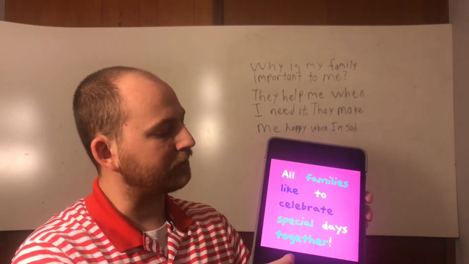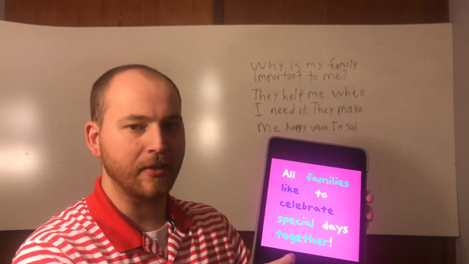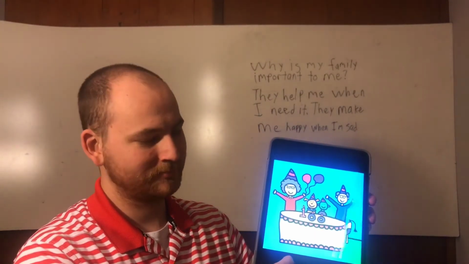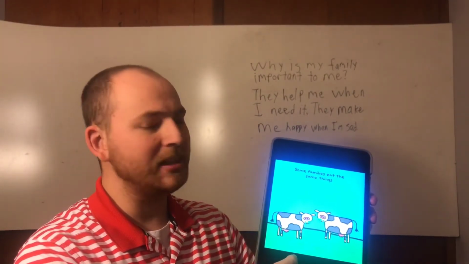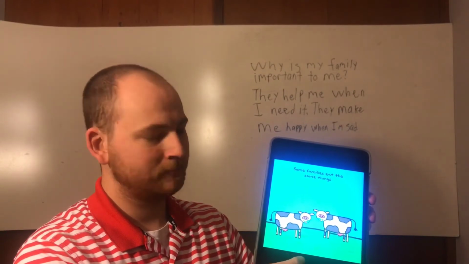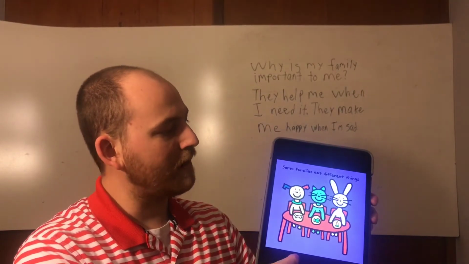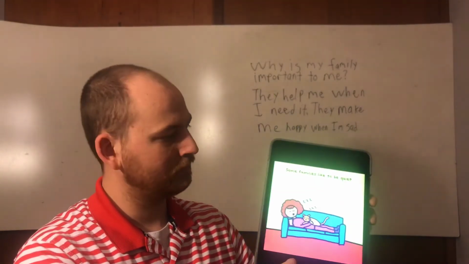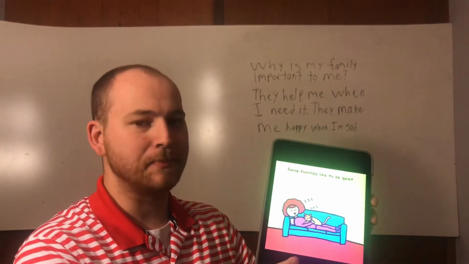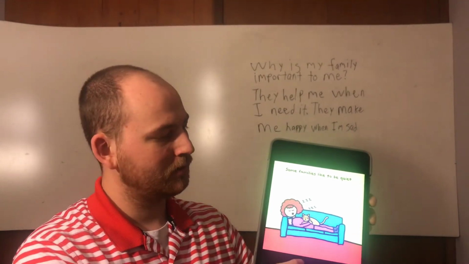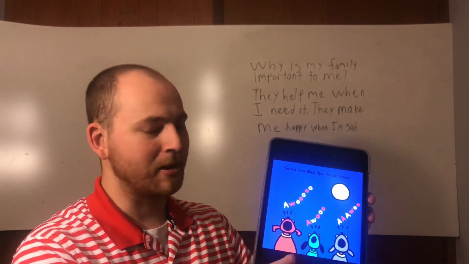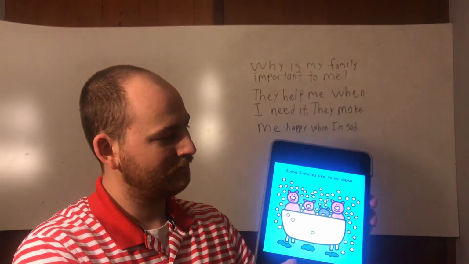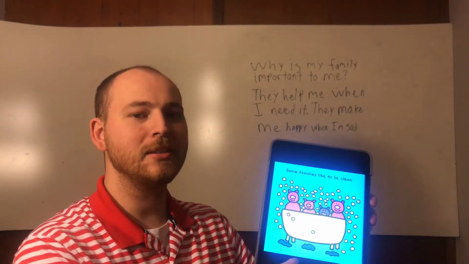All families like to celebrate special days together. Some families eat the same thing. Some families eat different things. Some families like to be quiet. Some families like to be noisy. Some families like to be clean.